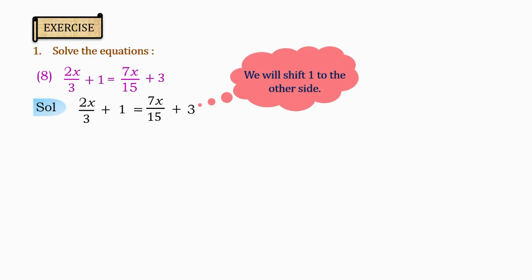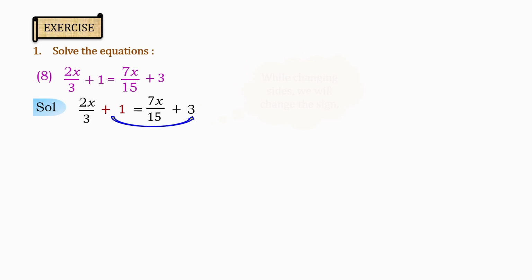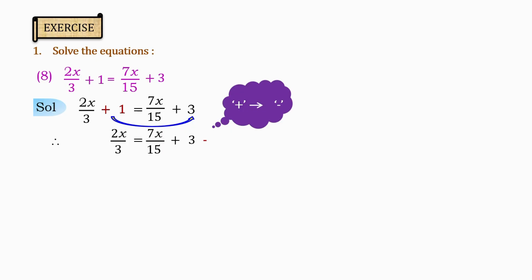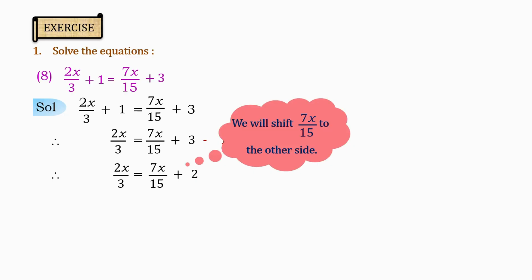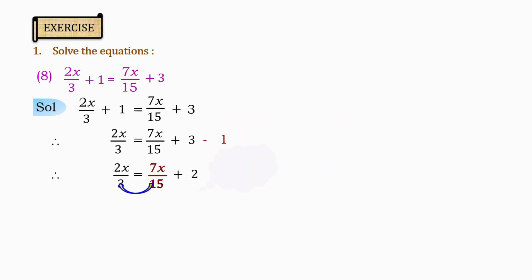So in this case, we are going to shift 1 to the other side and we will change the sign. Now we are going to shift 7x by 15 to the other side and we will change the sign.